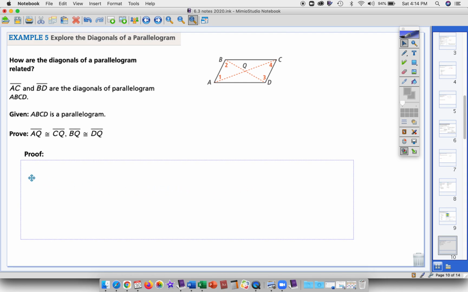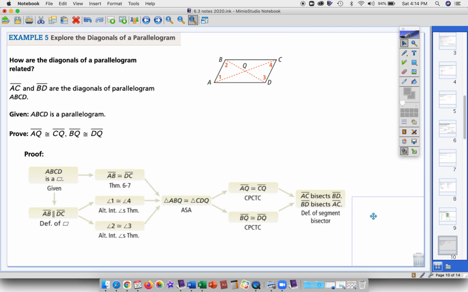Okay, let's see what you have here. We're given that ABCD is a parallelogram, which tells us that AB is parallel to DC by definition of a parallelogram. AB is congruent to DC, theorem 6.7.